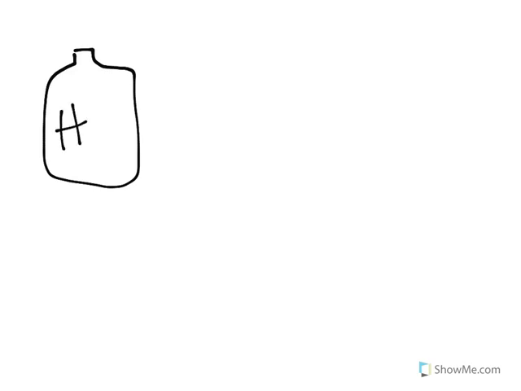Alright, when you make a dilution, we're starting with what we call a stock solution. Say we bought a jug of hydrochloric acid directly from the manufacturer, and that hydrochloric acid comes in a concentration of 12 molar.